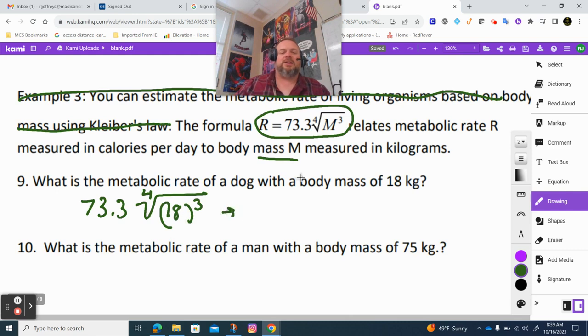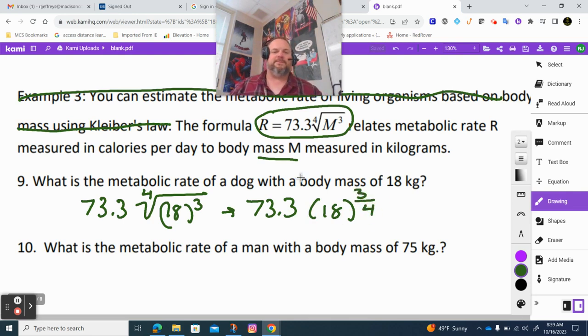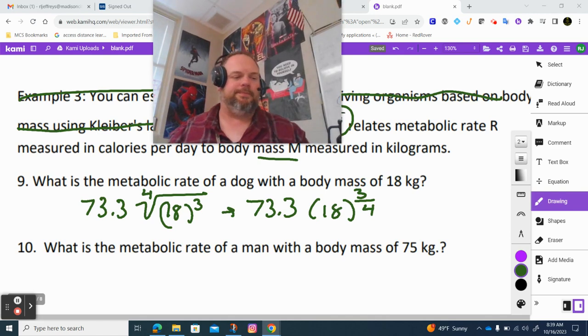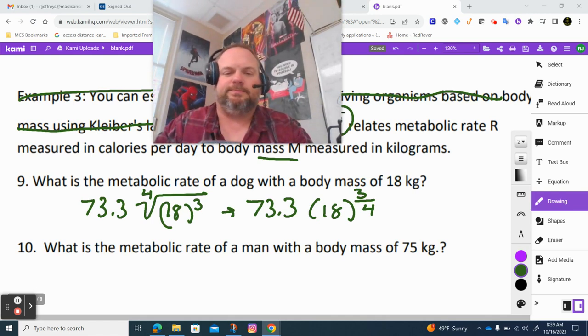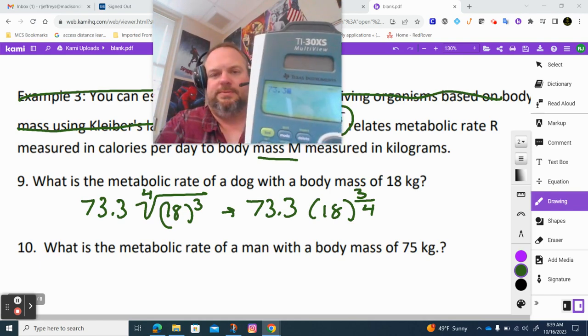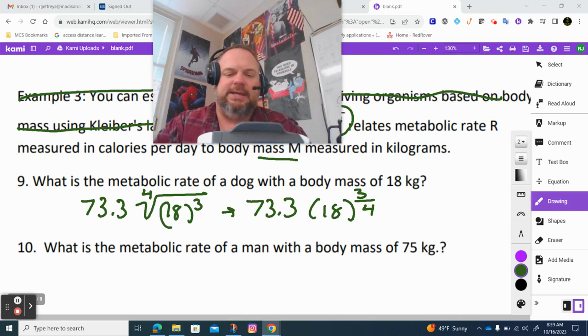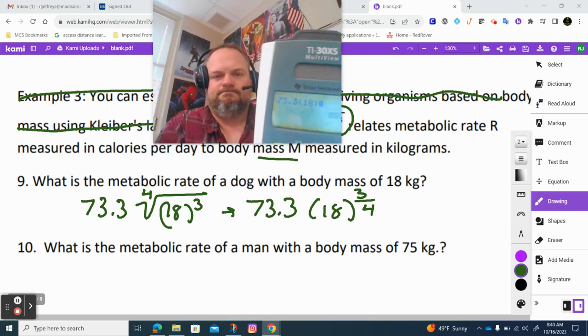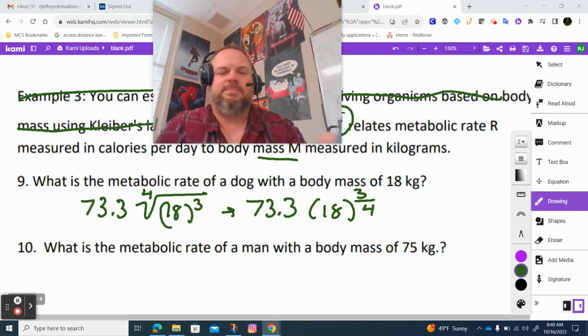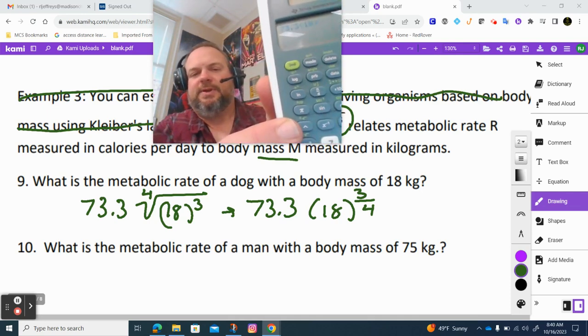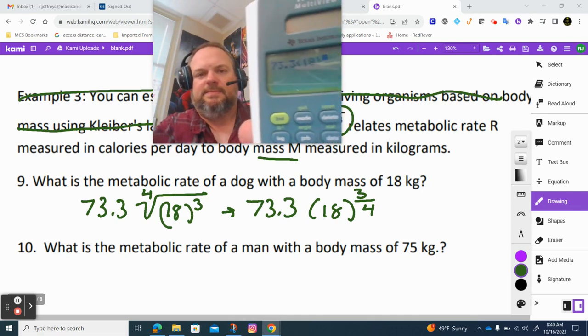Now, a couple ways that we could actually write this and put it in the calculator. All right, 18 is our base, 3 is our power, 4 is our root. I'm going to get bigger. So we're going to do 73.3, parenthesis 18. The little caret button, that's our power button.